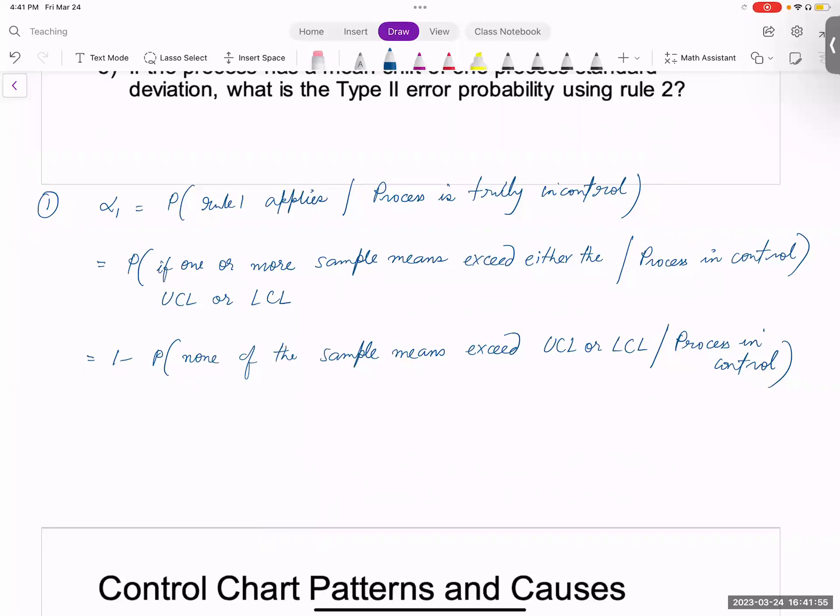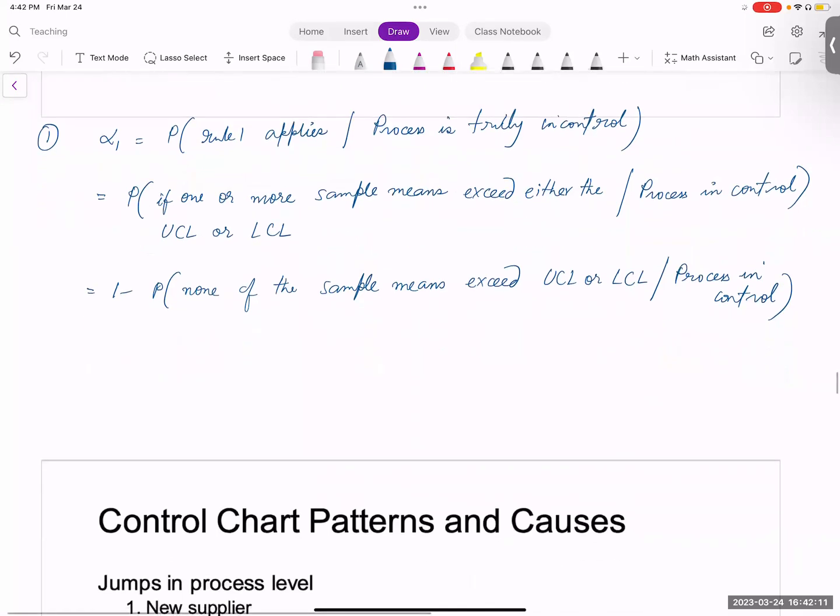So instead of going through three possibilities, I'm just going to say 1 minus none of the sample means exceed UCL or LCL. And in this case, I just have one possibility. And that possibility is neither X1, the first sample, exceeds nor the second sample exceeds. So I'm going to rewrite this.